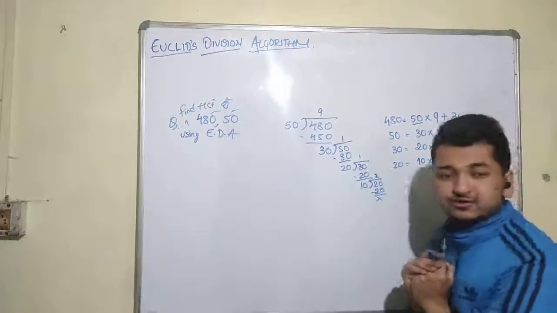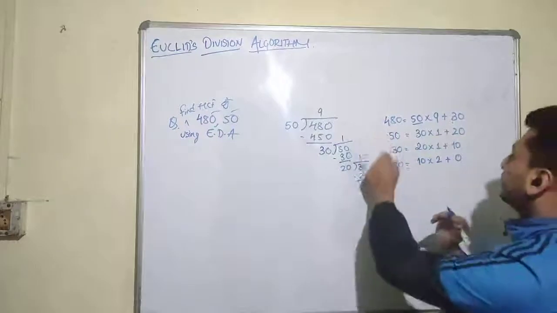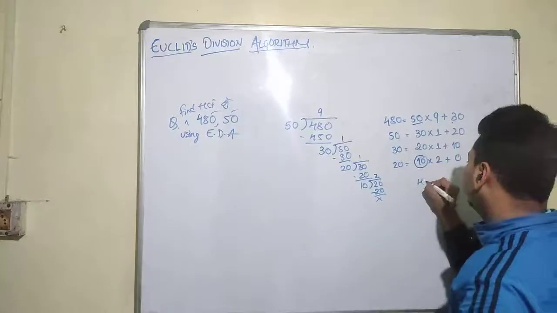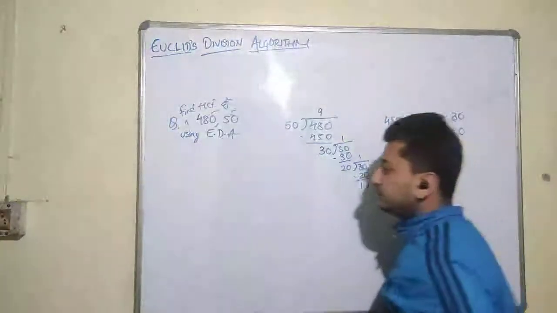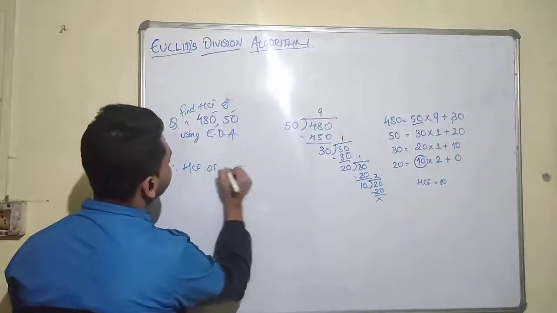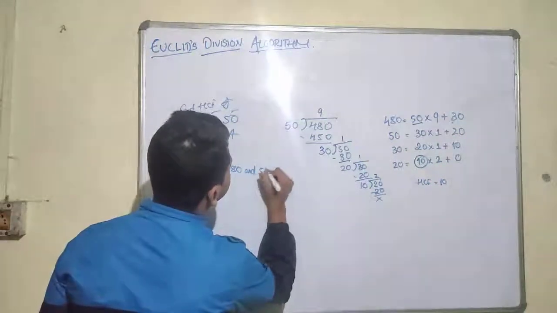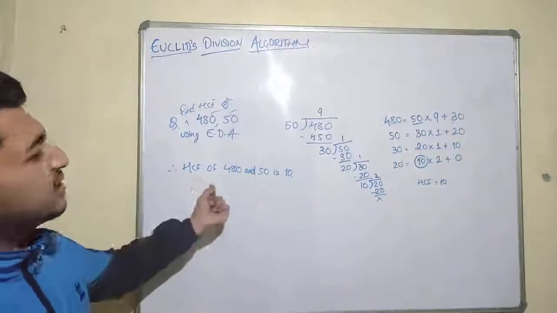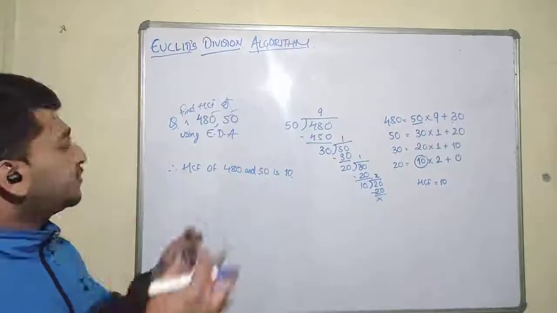Euclid found that the divisor in the last step will be your HCF. Therefore the HCF of 480 and 50 is 10. You can check it using the prime factorization method also. Now I'll overview one more.